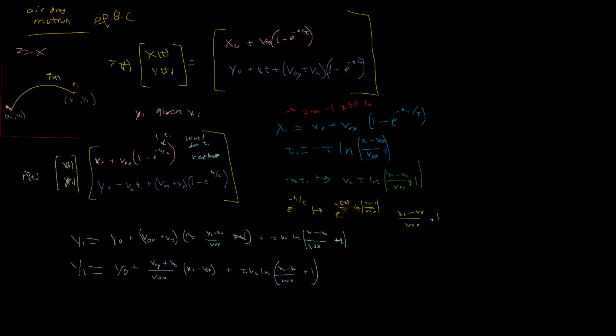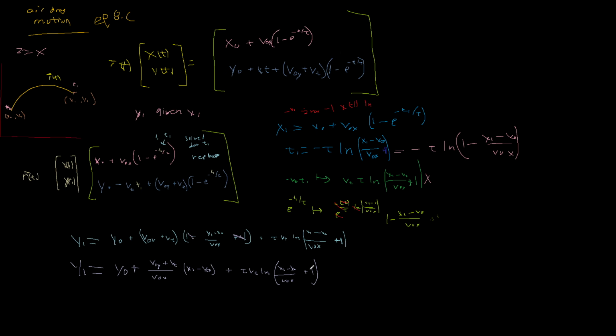So I actually made a mistake here, and that is that this is not a plus 1. This is actually minus tau natural log of 1 minus x1 minus x0 over v0x. So we just replace all of these, and this becomes 1 minus that. And we can substitute all of this stuff back in.